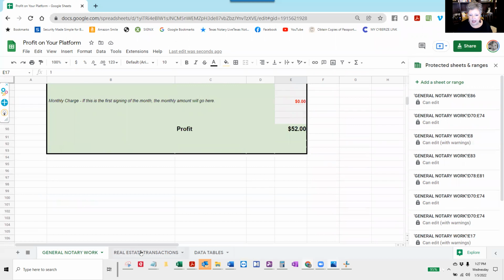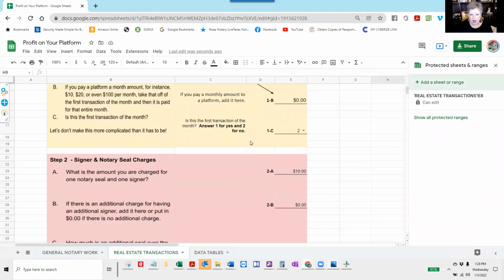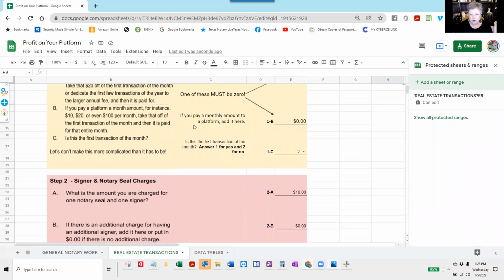So that's something to think of. Now, I'm testing this one for real estate transactions because, as you know, we charge for real estate transactions a little differently. Okay, so still on the platform, I'm saying no, it's not the first transaction of the month.